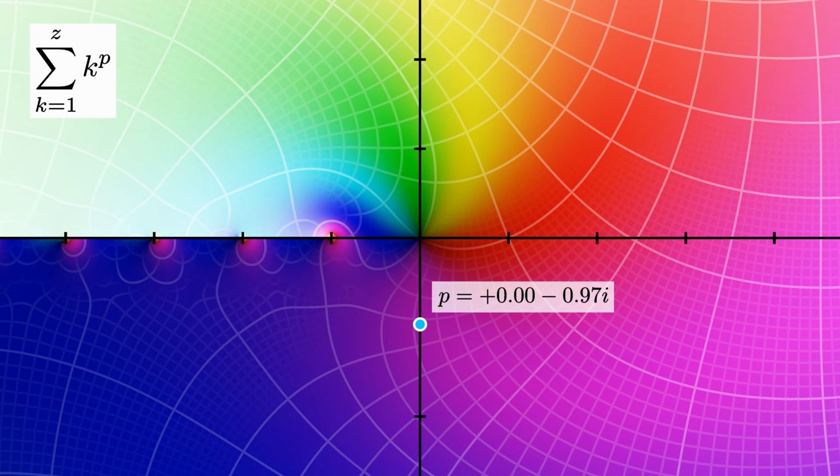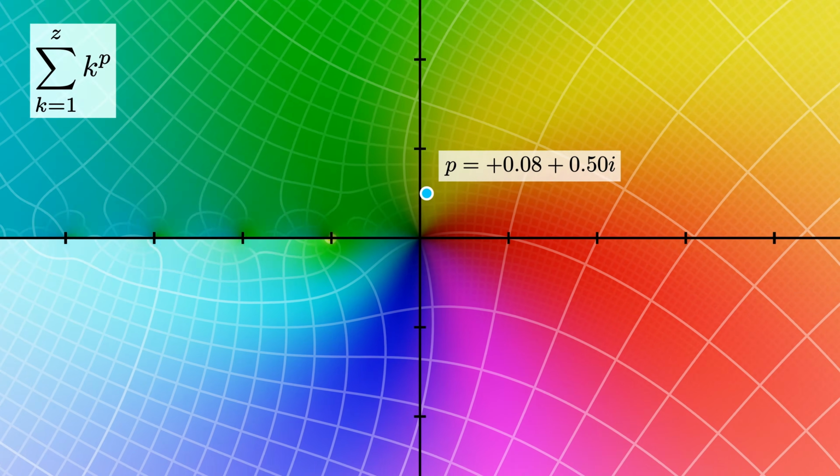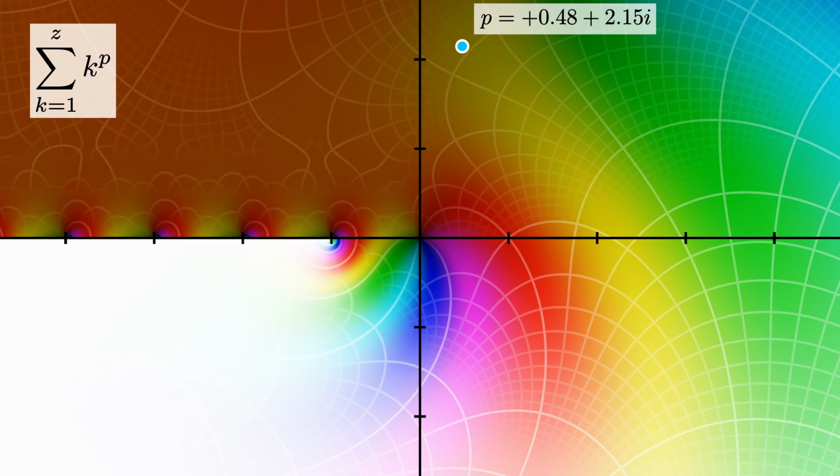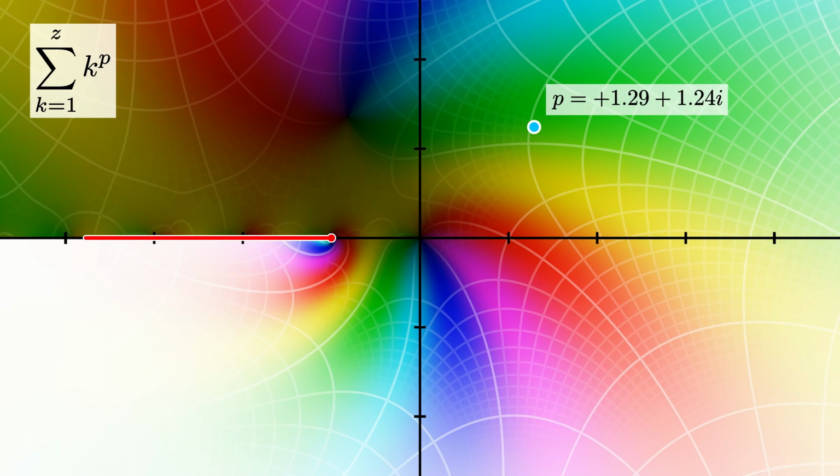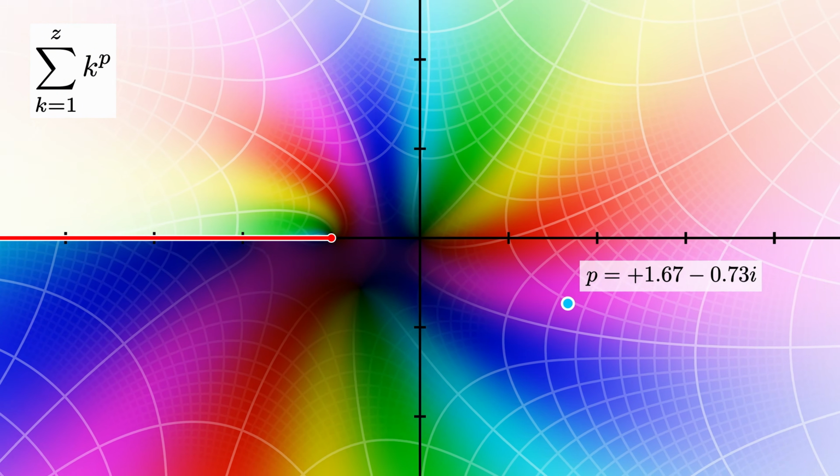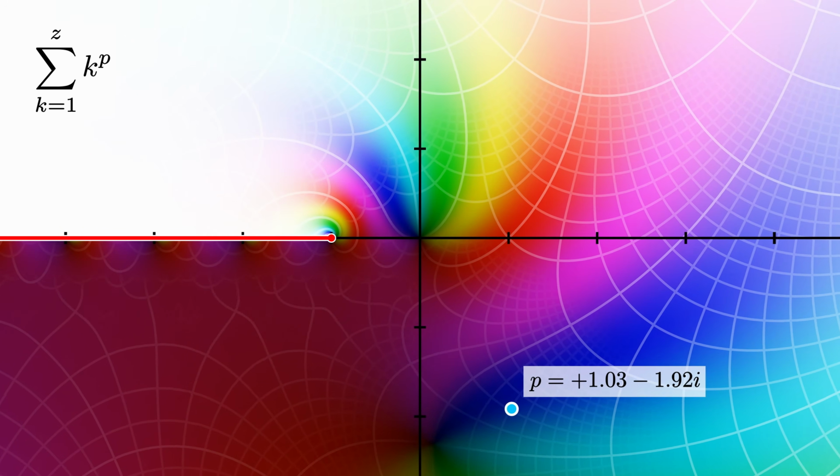I love how no matter what we choose for p, the function is always perfectly smooth. Well, it's discontinuous on the negative real axis where there's a branch cut, but everywhere else it's differentiable.